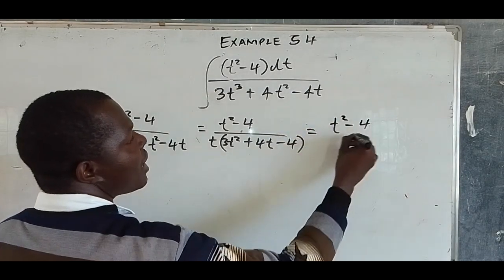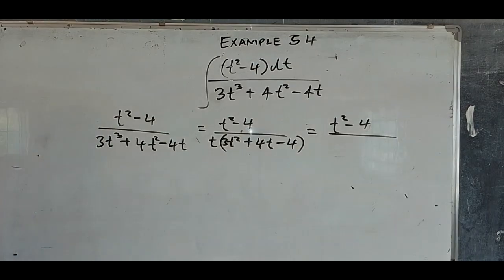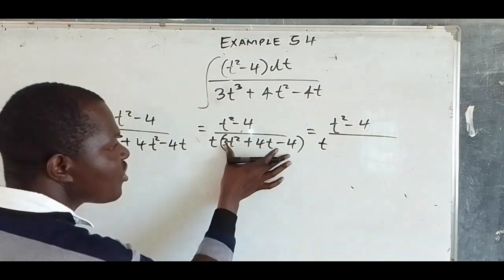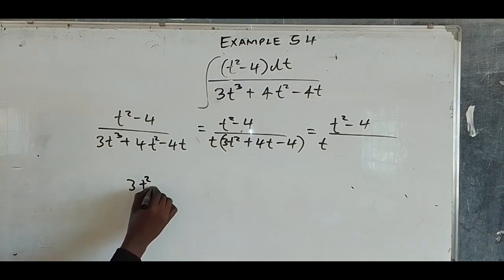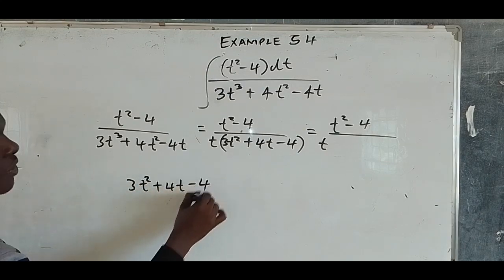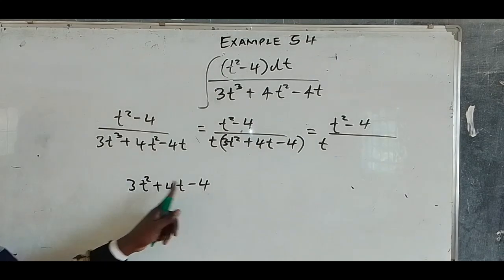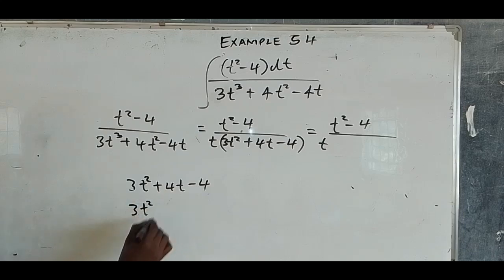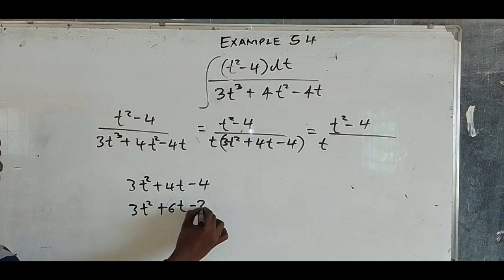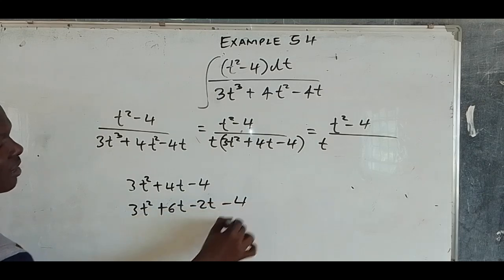That is t squared minus 4 over t into, see this is quadratic. Can you factorize 3t squared plus 4t minus 4? A product of negative 12 and a sum of positive 4. That is positive 6 and negative 2. Meaning we are going to have 3t squared plus 6t minus 2t minus 4.